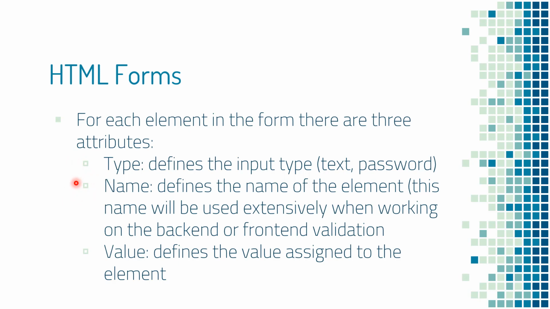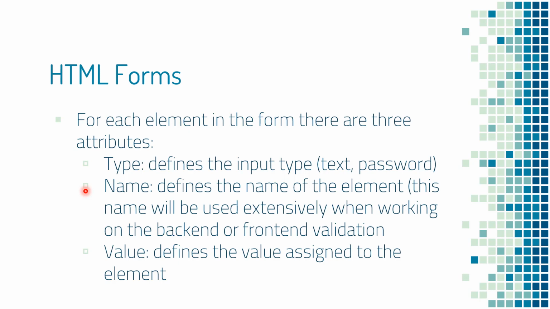Another really important one is the name. It defines the name of the element, which will be used extensively when working with the backend. When you send your data from the front end to the backend, the backend should have a way to see the content of that specific input.